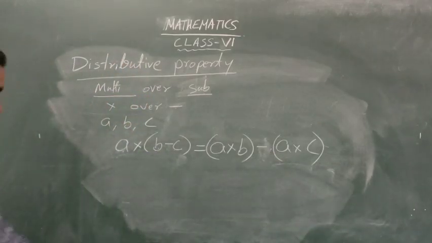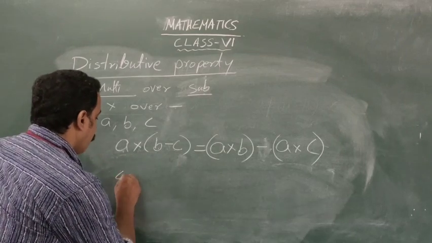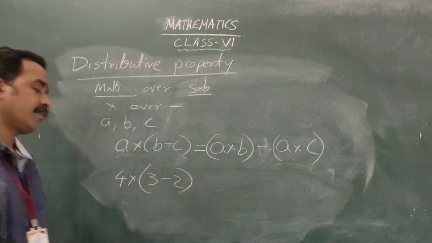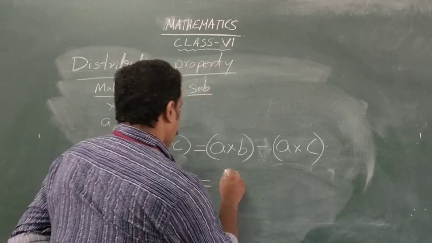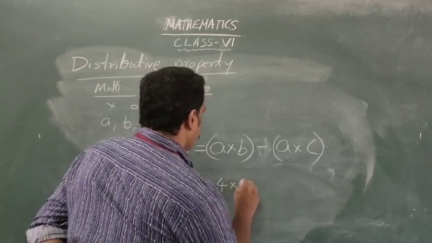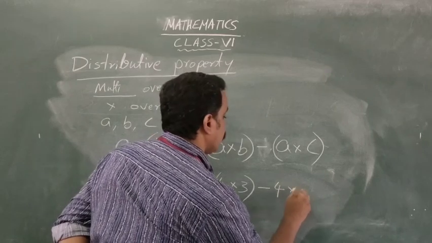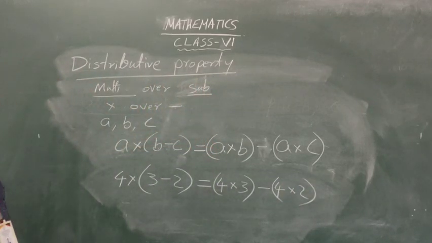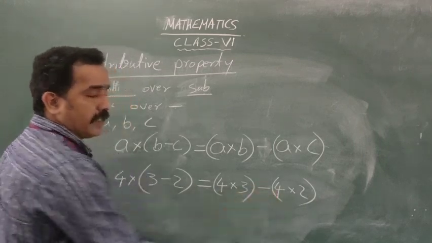Let us check an example. Suppose 4 into 3 minus 2 is equal to 4 into 3 minus 4 into 2. 4 into 3, 4 into 2, then find the difference.